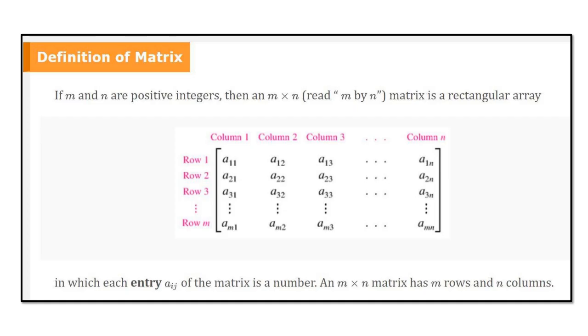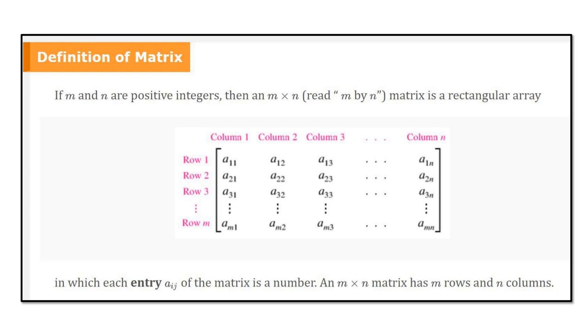Here you can see this matrix has column 1, column 2, column 3, and it goes on to column n. And then you have row 1, row 2, and row 3. Again, your rows are horizontal and your columns are vertical.